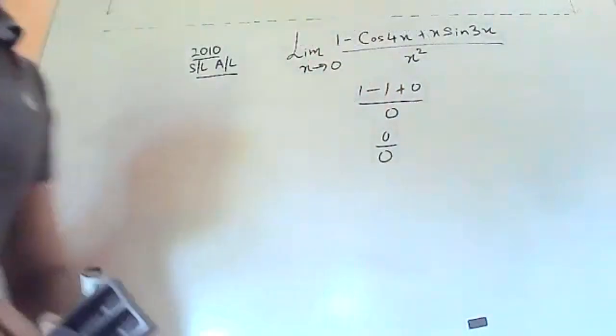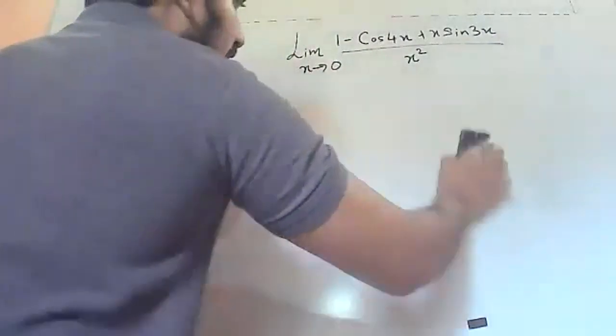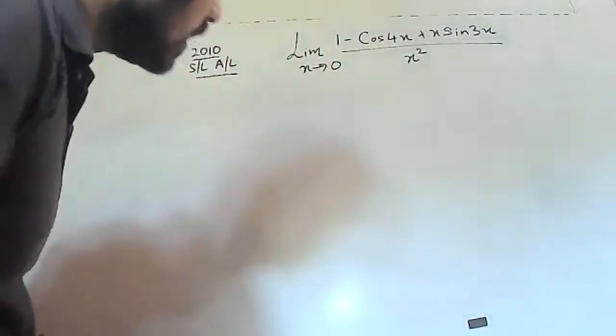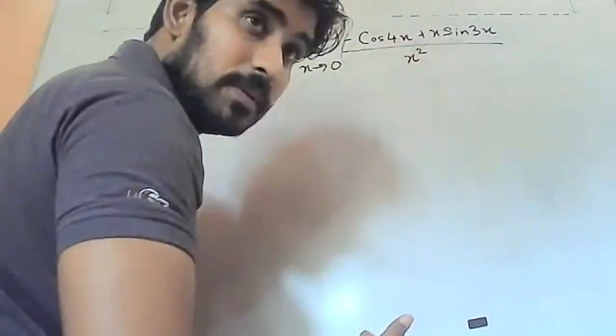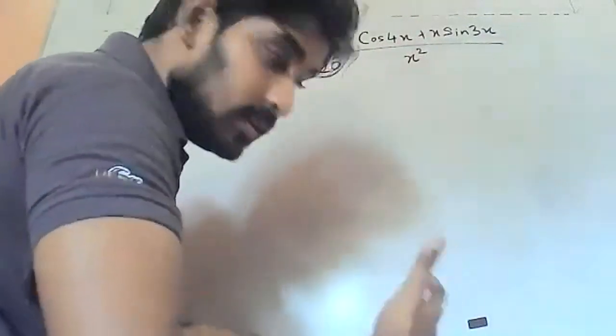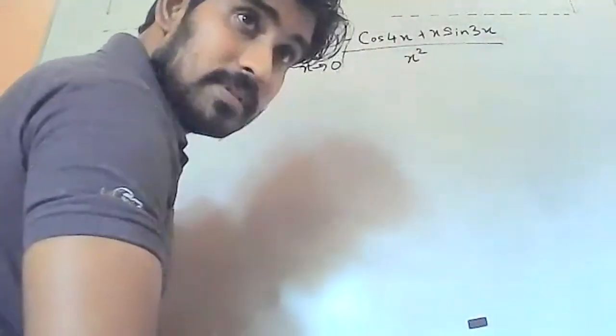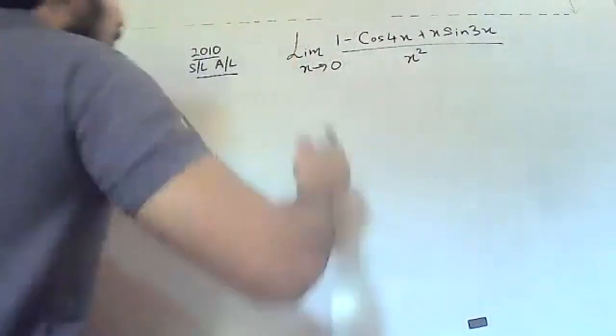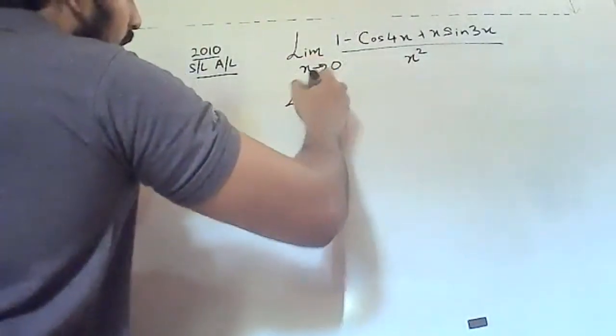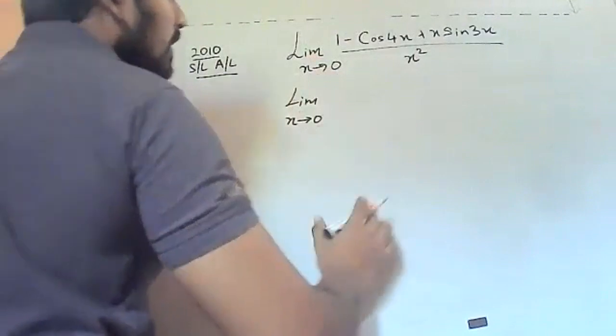Now I am going to solve the problem by extracting separate terms. Limit x tends to 0.